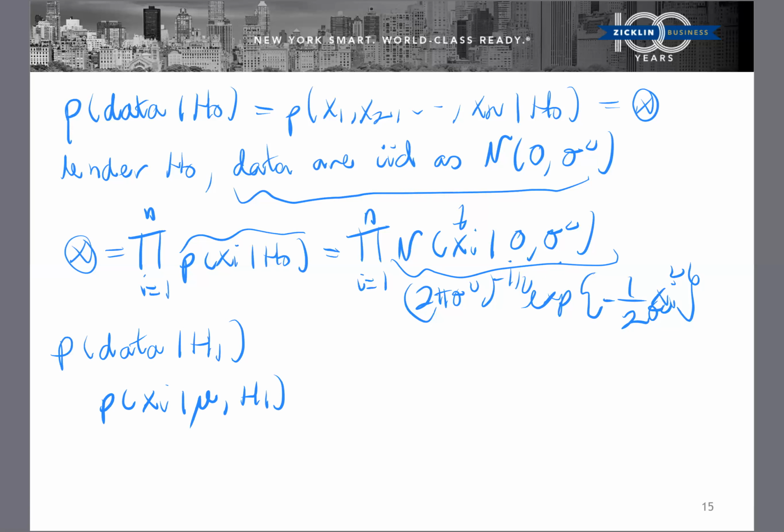This is a normal. If you were to know the value of mu, you know that this is going to be a normal centered on mu and with standard deviation sigma.